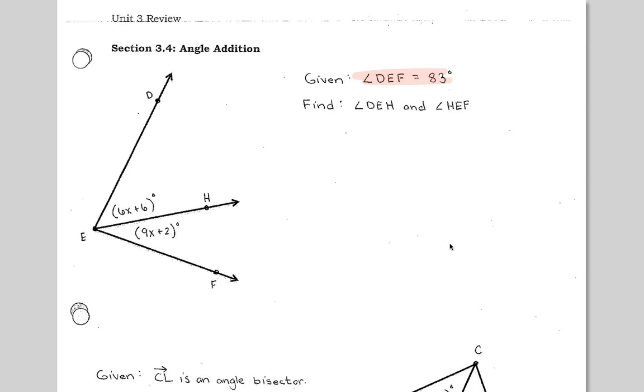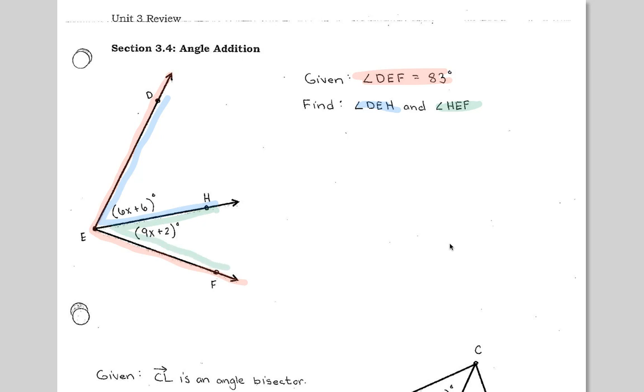they tell us that DEF equals 83. And if I highlight DEF, I can see that that's the entire angle made up by those two inside angles. So DEH is right here. HEF is right here.